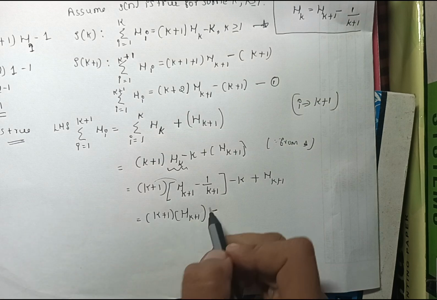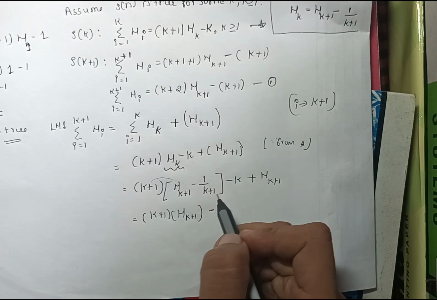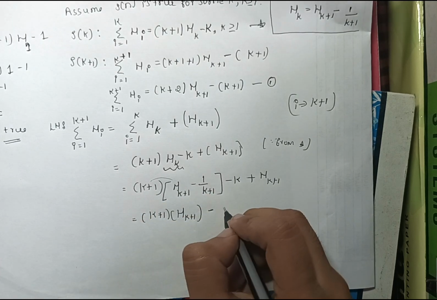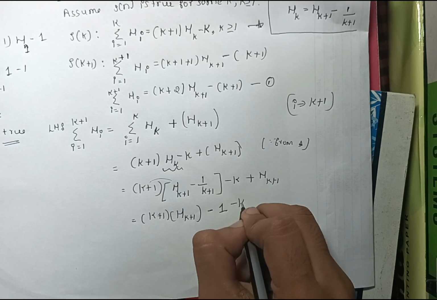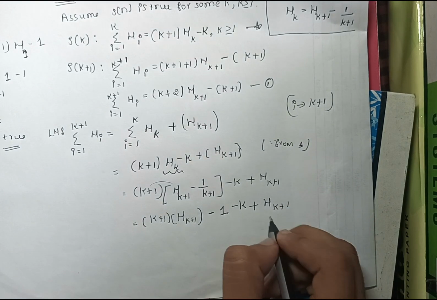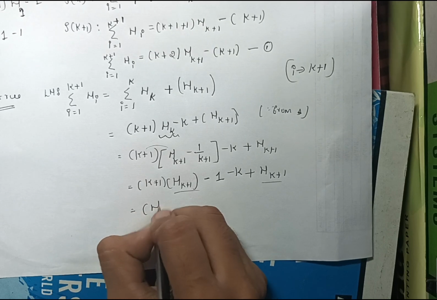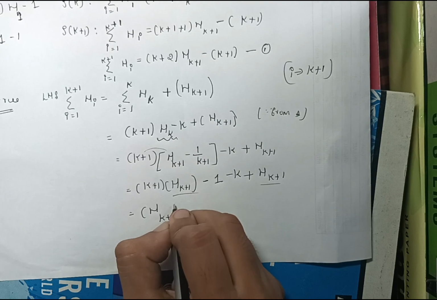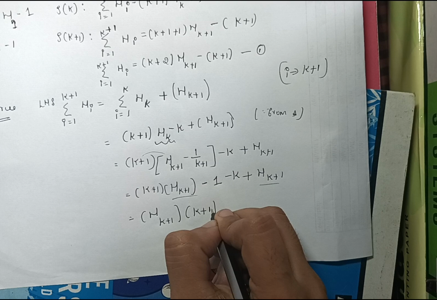Plus into minus gives minus, so we can cancel k plus 1, remaining is minus 1. Then here minus k plus h of k plus 1. What is the common term? H of k plus 1. Take this out. H of k plus 1, remaining is k plus 1.